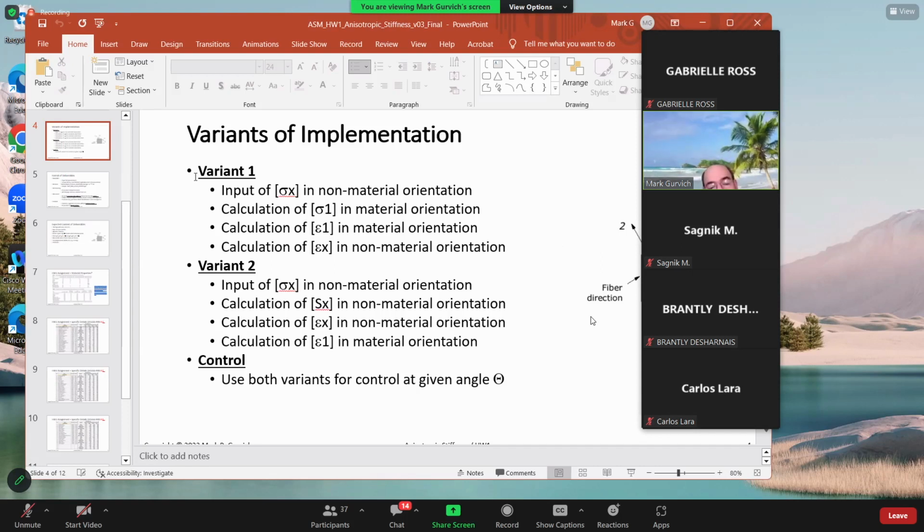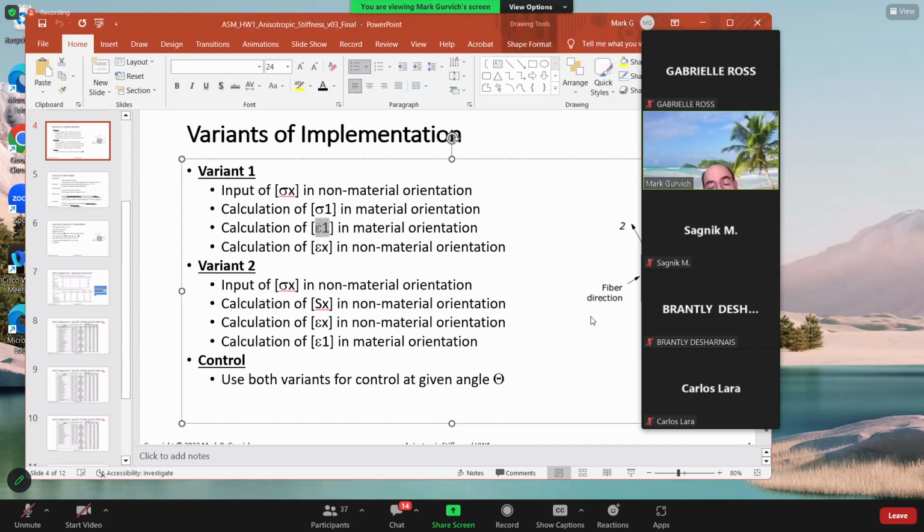Now, if you know stresses in orientation 1 and 2, you create a compliance matrix in material orientation, called S1, and multiply S1 by sigma 1, and you will receive strains in material orientation, strains in orientation 1 and 2. After that, as soon as you have the strain 1, 2, you multiply by the transformation matrix, and you calculate strains in coordinates X and Y.